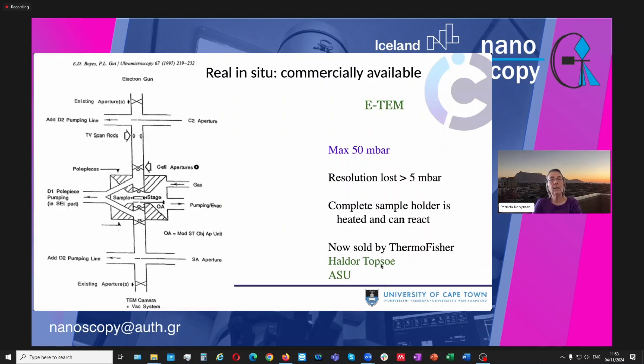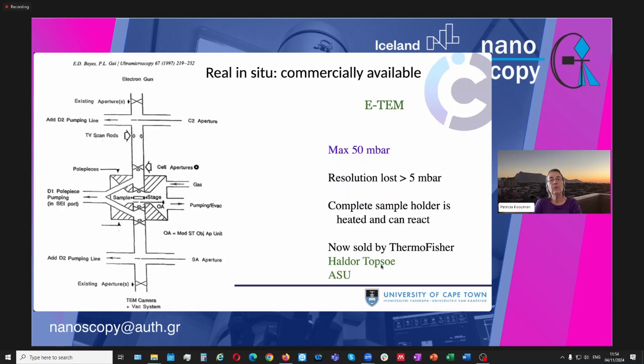Because the electron gun is a very high temperature electron emitter, and even so-called inert gases that come in contact damage your gun, because they'll react with it, because the electron gun is at such a high temperature emitting electrons. So next to this pumping through the pole piece, they also added additional pumping lines.